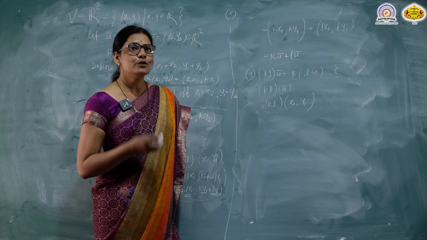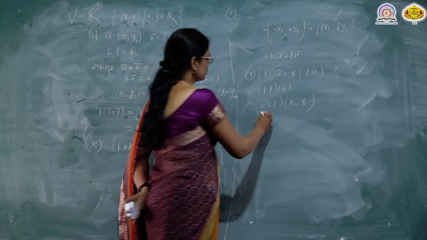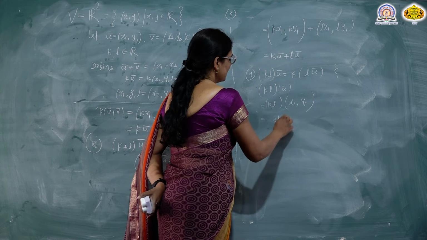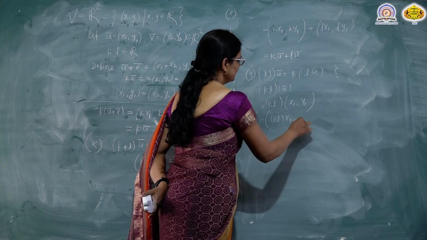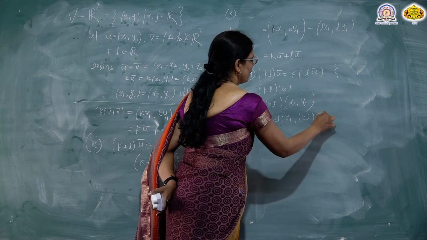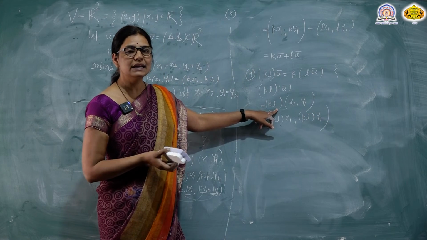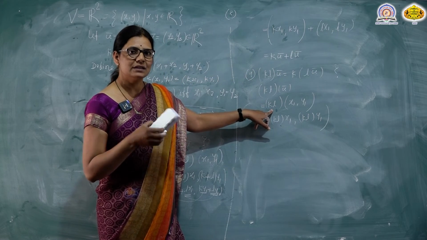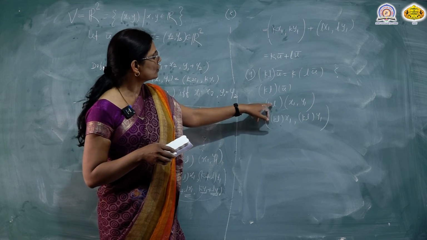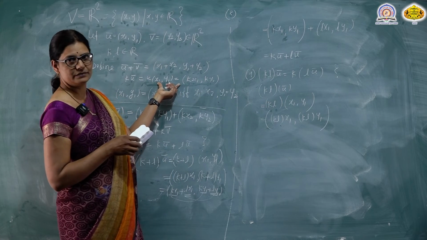Now use the definition of scalar multiplication. So this can be written as KL x1, KL y1, because we know that if K and L both are scalars, then K into L is again a scalar.